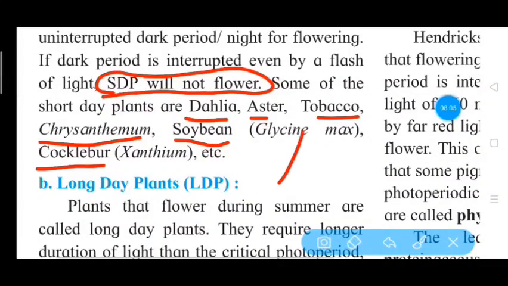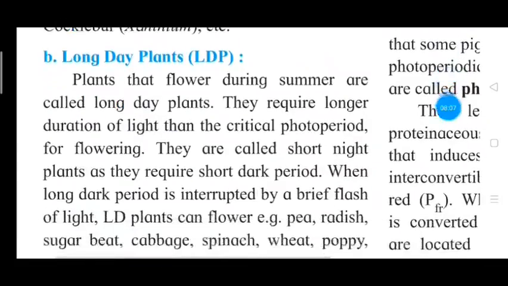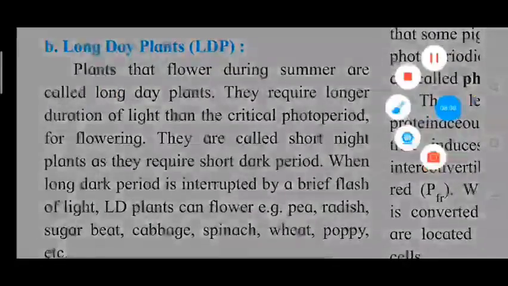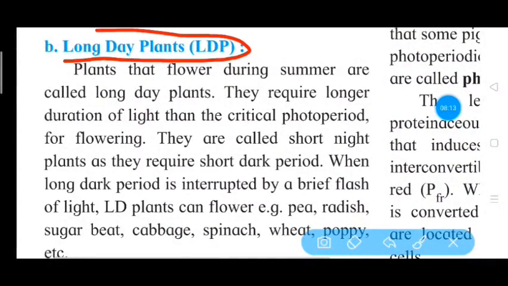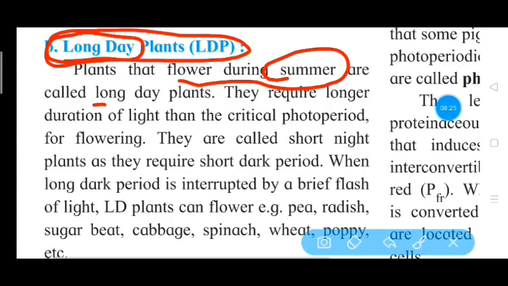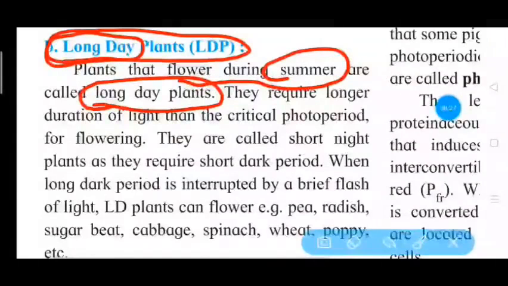cocklebur. The next category of plant according to photoperiodism is the long day plant. As the name suggests, long day means the plant is exposed to maximum light. These plants flower during summer when the days are longer.